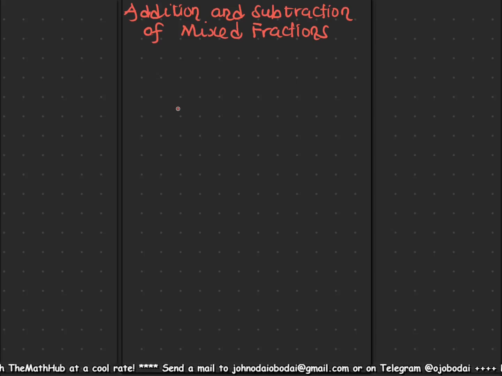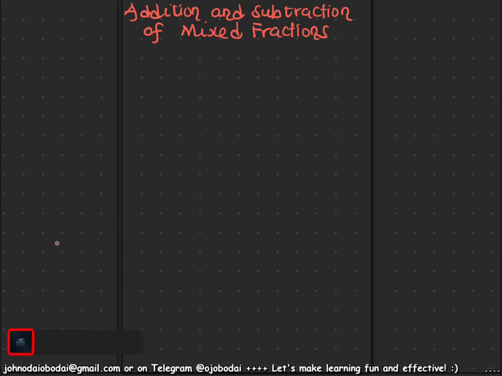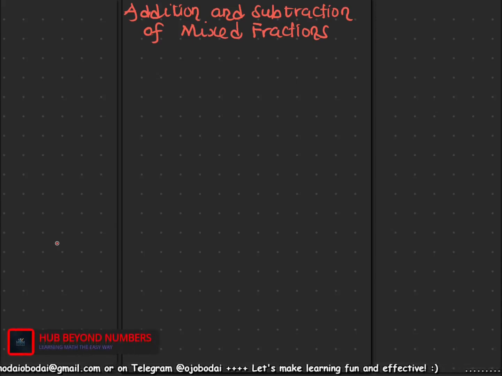So let's look at the steps involved in adding fractions that are mixed. The first thing to do is to change or convert the mixed fractions into improper fractions, that which we've done so many times in our previous studies. So you should know how to convert mixed fractions into improper fractions.